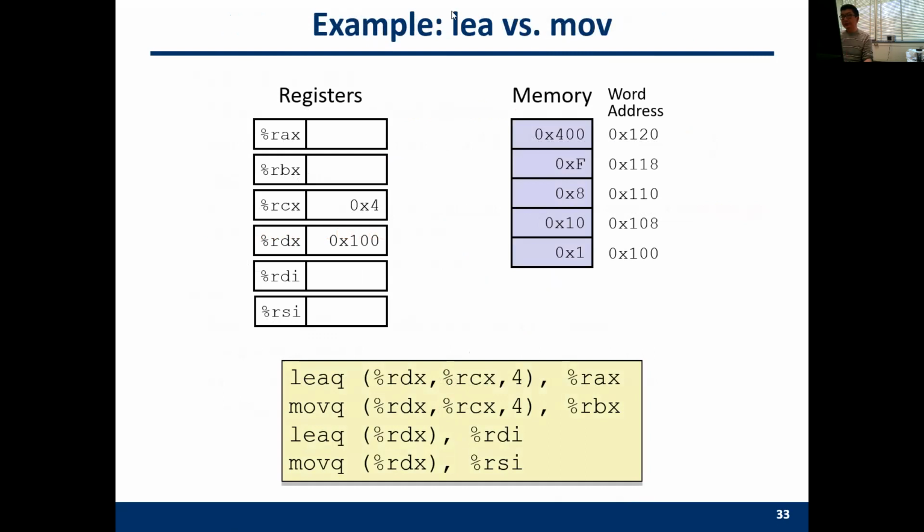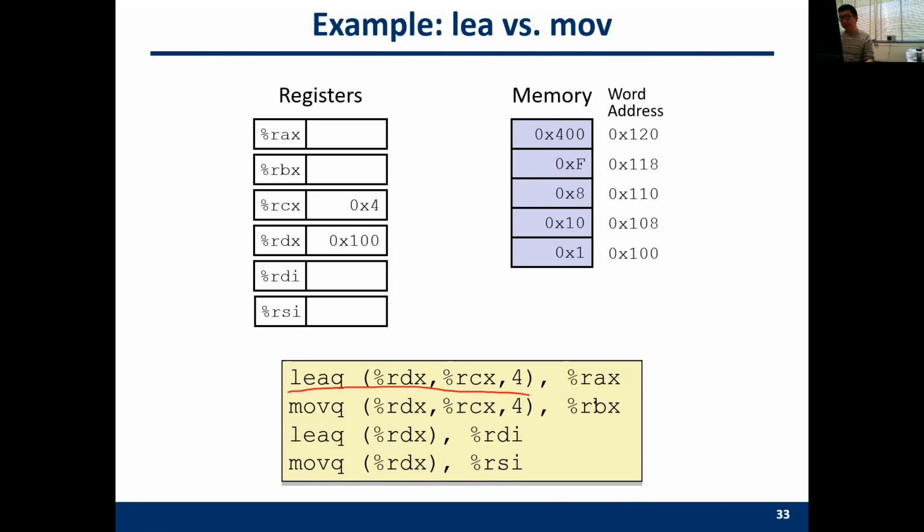So here is one example of how to distinguish the lea and the mov. So we have a consecutive memory here. They have consecutive memory addresses like this. And then we have some values stored in the memories here.